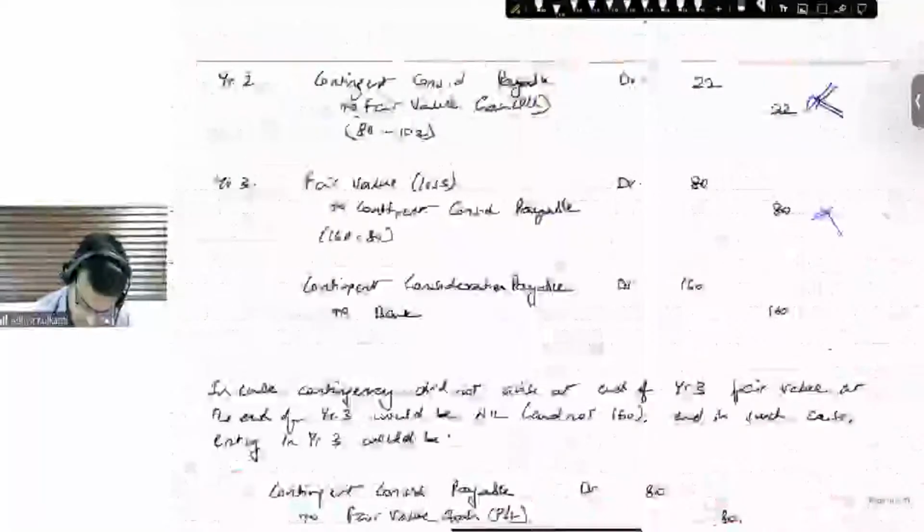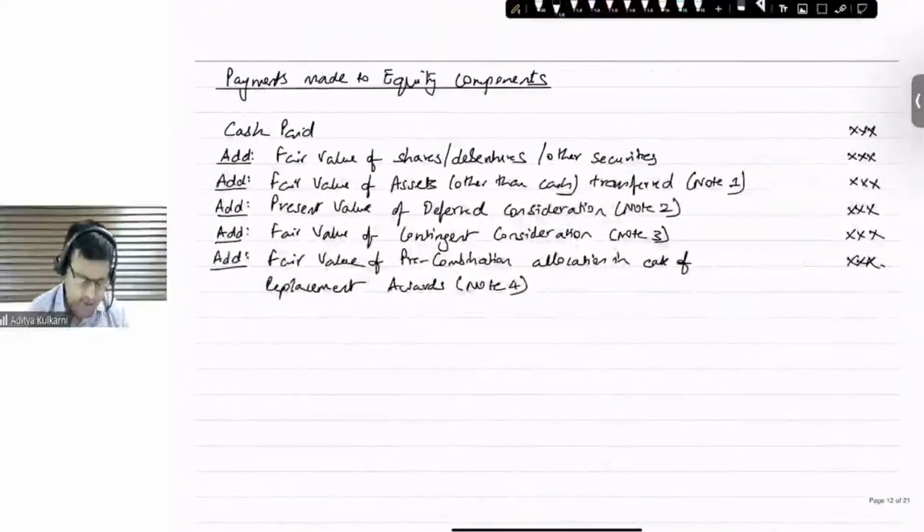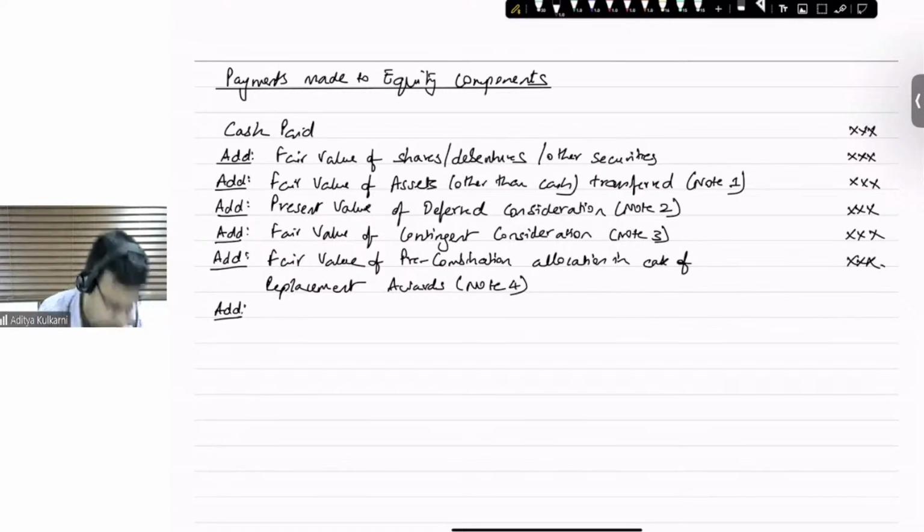So coming back to the place where we had left half a page for the purchase consideration, there you will have to write this additional item.